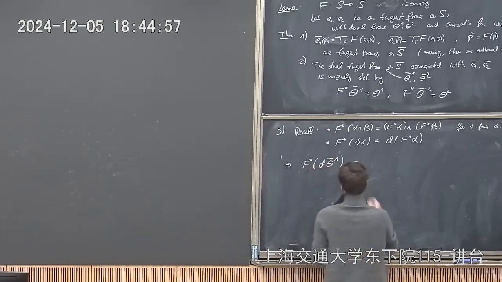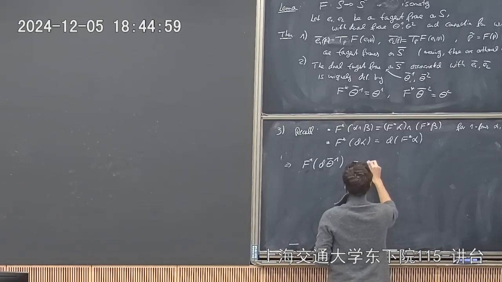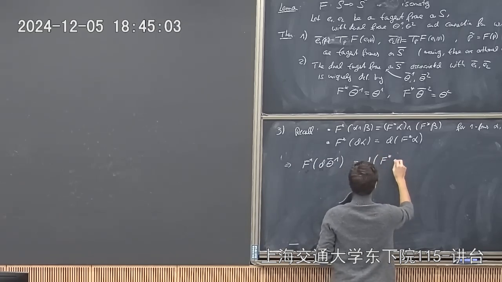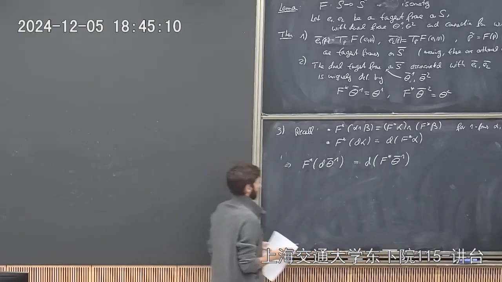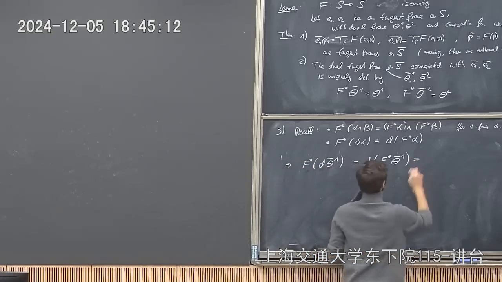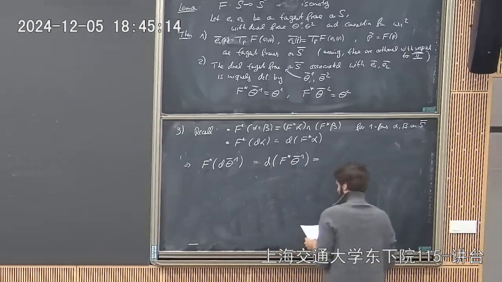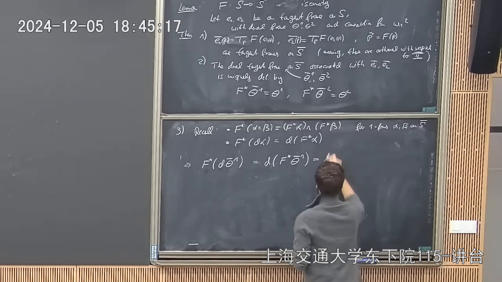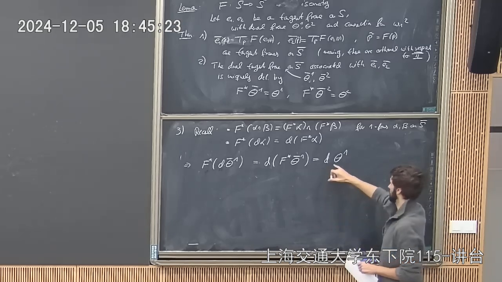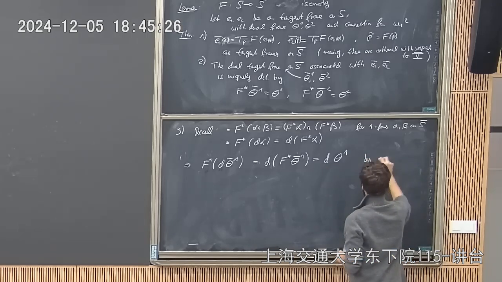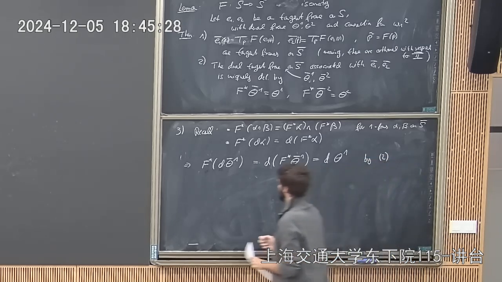So the first one would be just using these properties, where we get that it's d of f bar pullback of theta 1, and this one we know is d of theta 1 by definition, by point 1, by property 2.